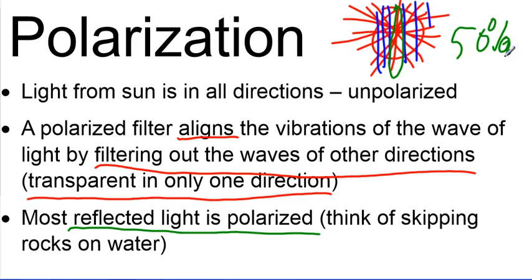If you have two polarizing filters and rotate them, you can see what can happen. You can reduce this all the way down from 50% to 0%, where no light is going through. And I'll show you an example of that in class as well.